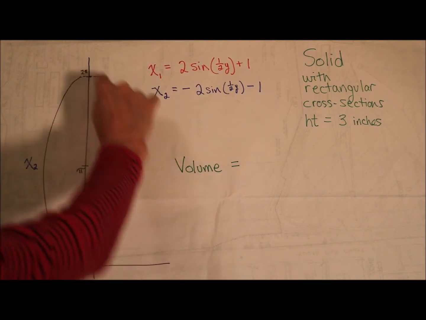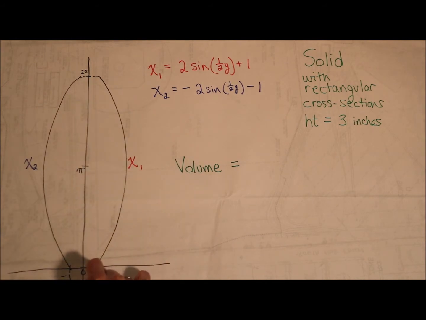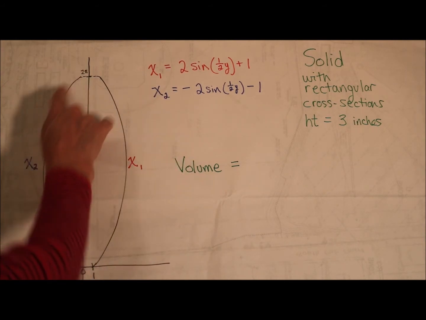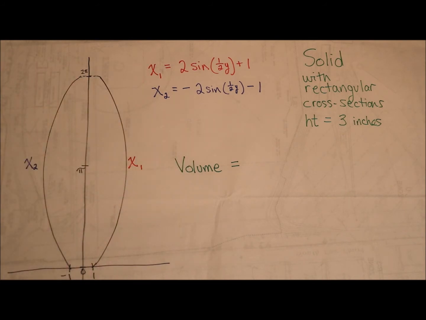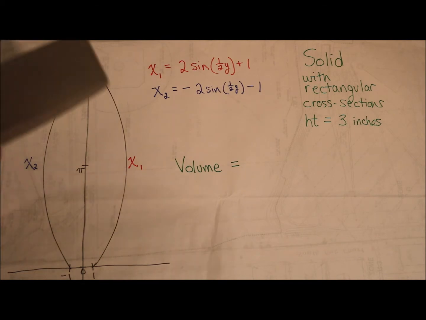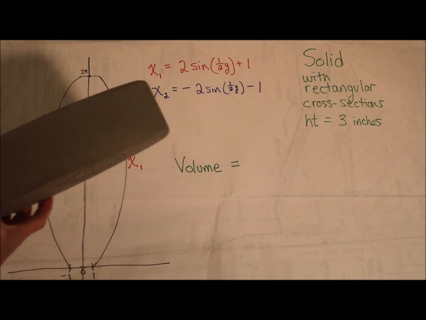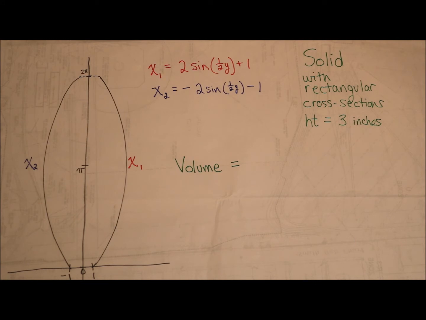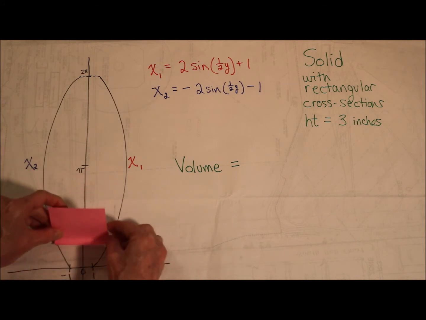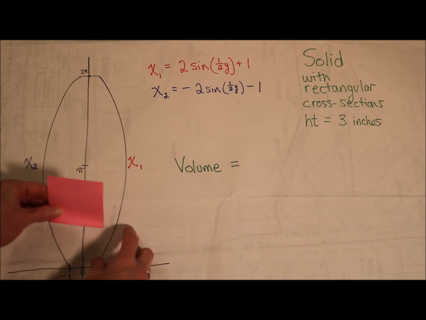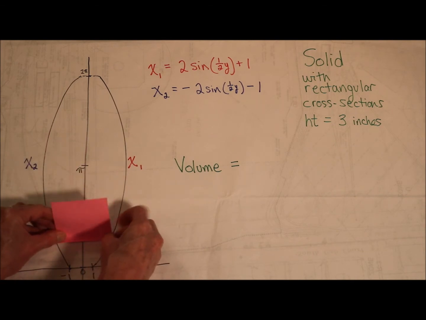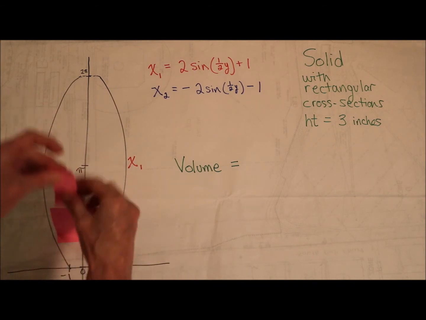So it's a function in terms of y. Y is my independent variable. Let's say that this curve is that same curve reflected over the y-axis. And I actually measured this, and the height of this volume is 3 inches. So that would mean that each cross section would be a rectangle, right? Each cross section would be a rectangle with a height of 3.